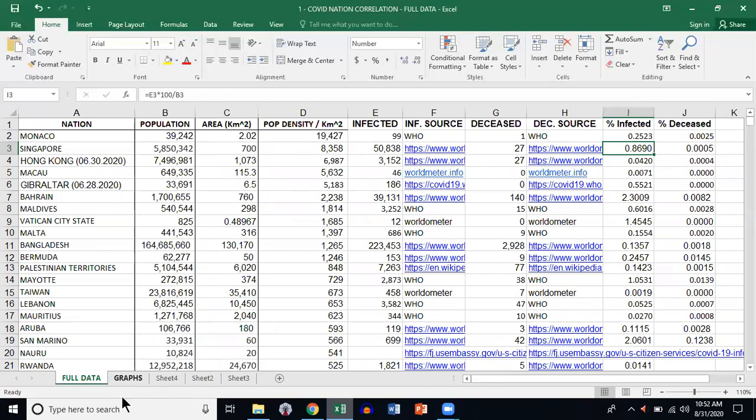You notice I first labeled the tab, and I'm going to show you how to label the tab in a minute, but I have here full data. These titles should be as informative as possible, so that when we look at the title, we know more or less what we're talking about. For example, the title of the whole data set, COVID nation correlation, full data, all right? So my first tab is the full data.